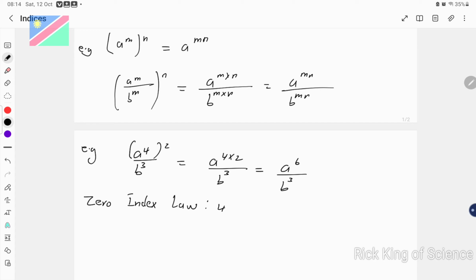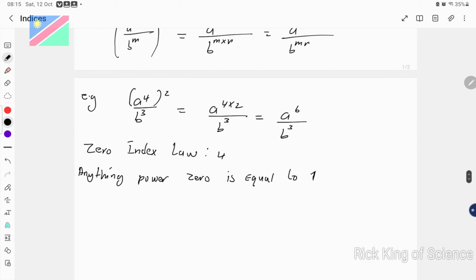So what are you going to do here? It's simply saying anything power 0 is equal to 1. Okay, so meaning if you have something like this, a power 0, then the answer is just 1.